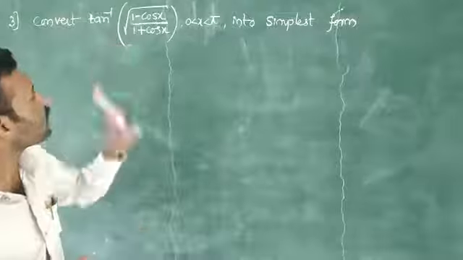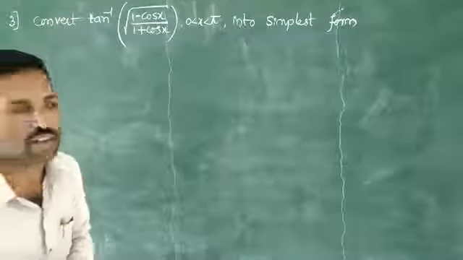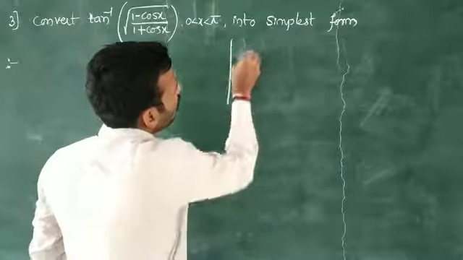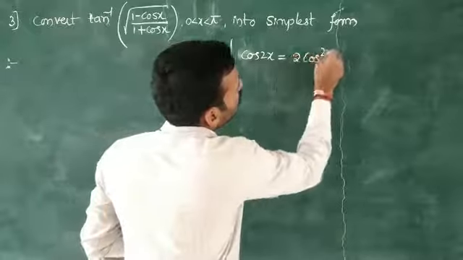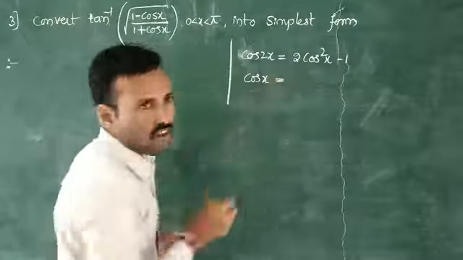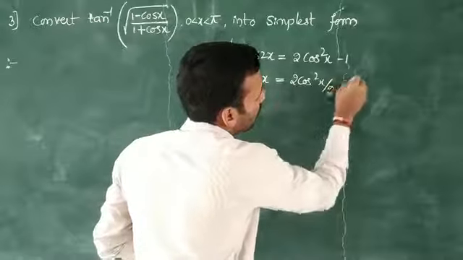If it is 1 minus cos x and 1 plus cos x, in terms of tan, what is it? As you know already the half angle formula, cos 2x is 2 cos square x minus 1, or if you reduce x to x by 2, cos x is equal to 2 cos square x by 2 minus 1.